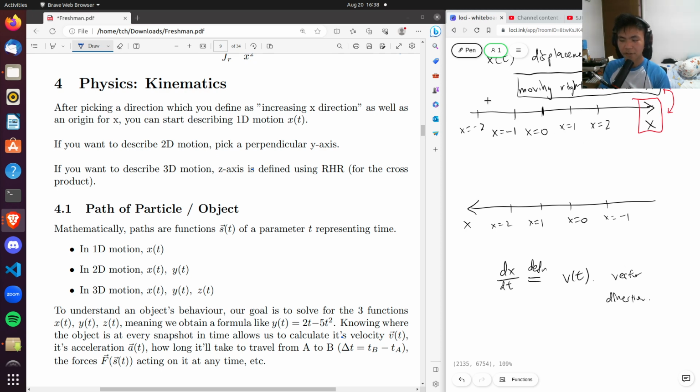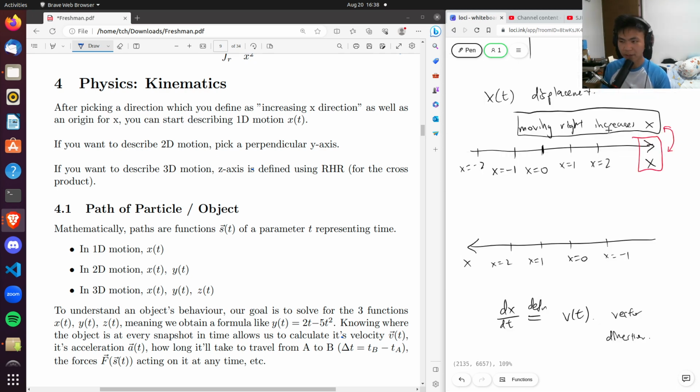So in the first case, if I define moving right to correspond to increasing x value, then an arrow to the right will be moving. We'll call this rightward positive, meaning that the vector is pointing to the right, and the particle's position is increasing as I move to the right. The x value is increasing as I move to the right.